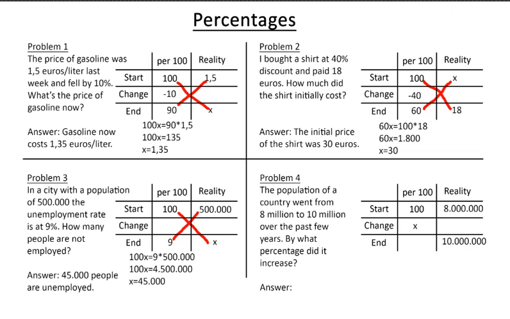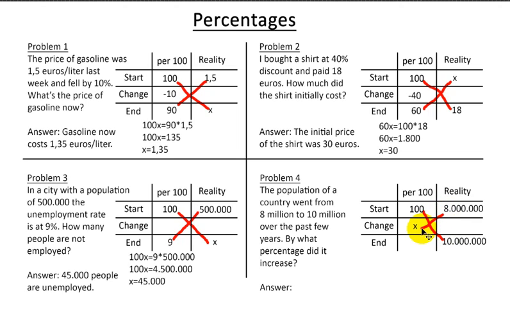Again, we have this same problem that we had yesterday, where sometimes you don't have everything on the same line. So here 100 and 8 million are on the same line, great. But x and 10 million are not, so I can't take this cross product.